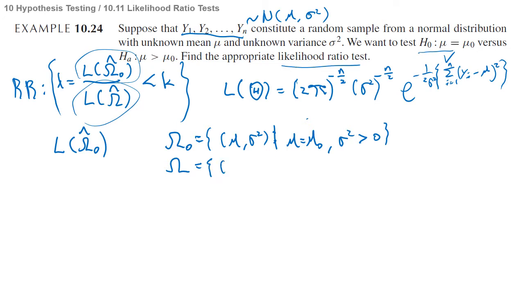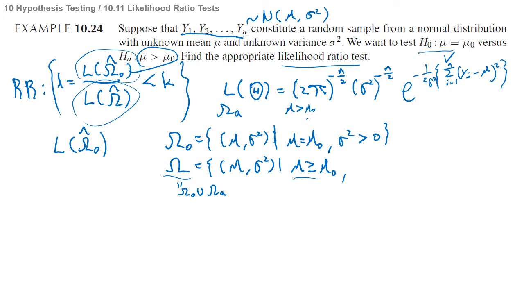This is mu and sigma square, where mu is greater than or equal to mu 0, because the alternative hypothesis space is mu greater than mu 0. Omega alternative has mu greater than mu 0, and the whole space is omega 0 union omega a, so mu is greater than or equal to mu 0 and sigma square is greater than 0.